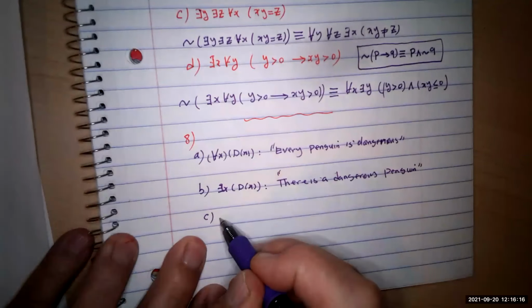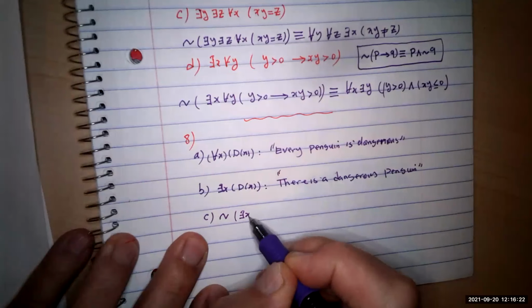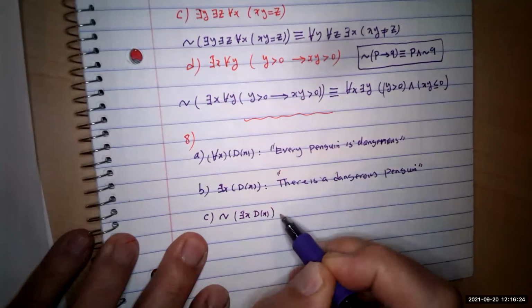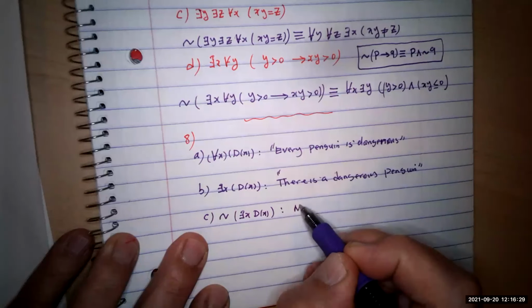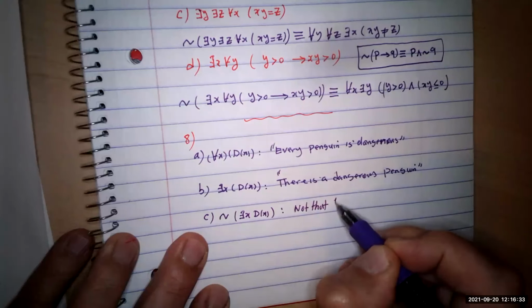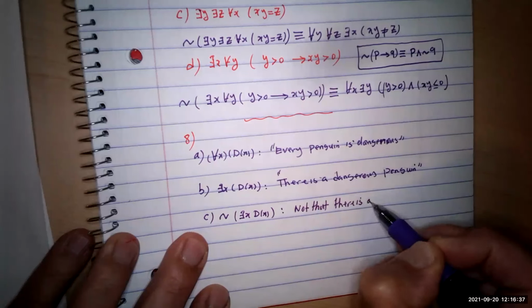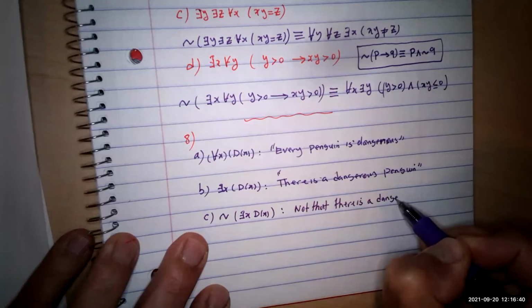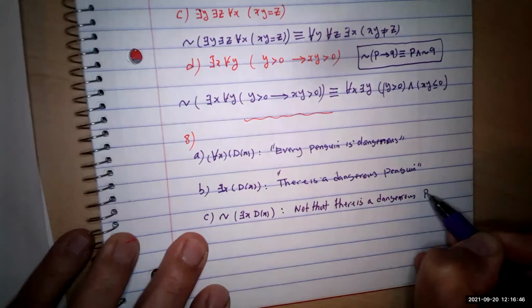Because this negation is outside, you see. The negation is going to be outside of everything. So this means it's not the case, or not that there is a dangerous penguin.